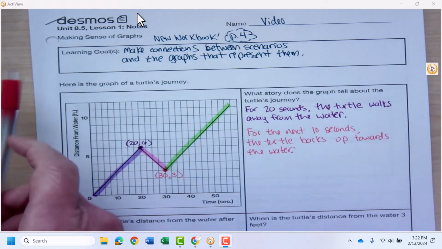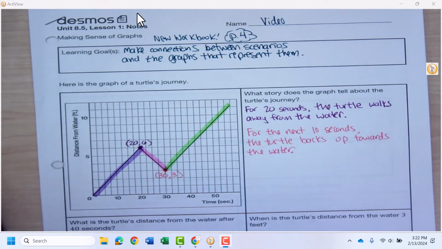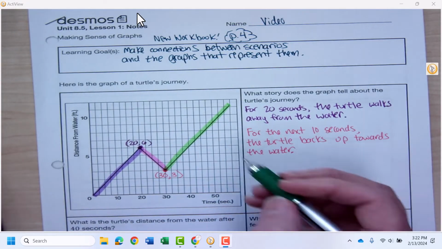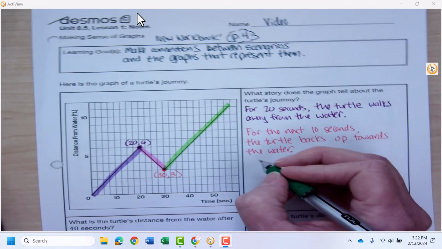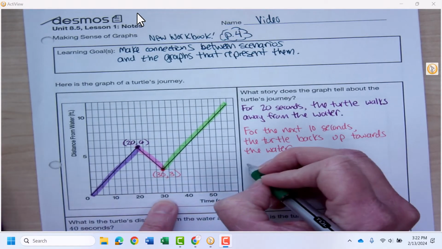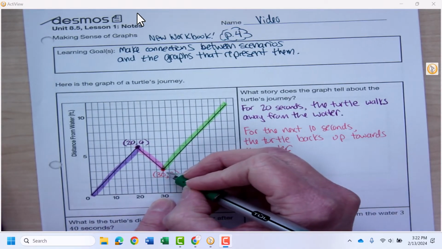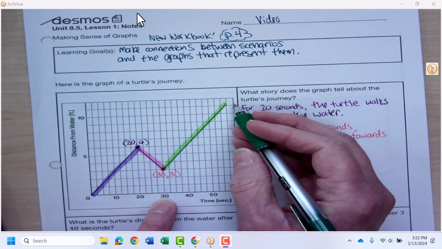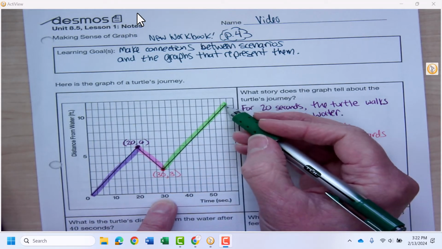And then we'll finish by saying, and then at 30 seconds, he started moving away again until he reached a distance of 11 feet.